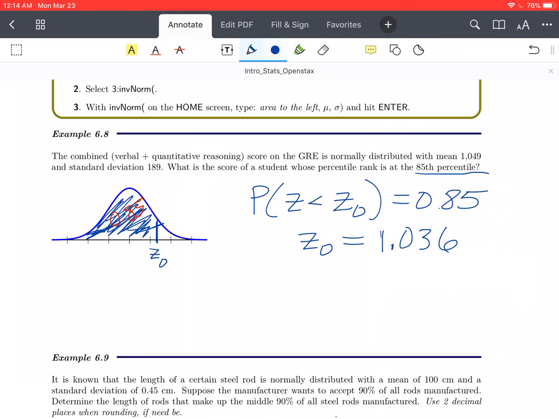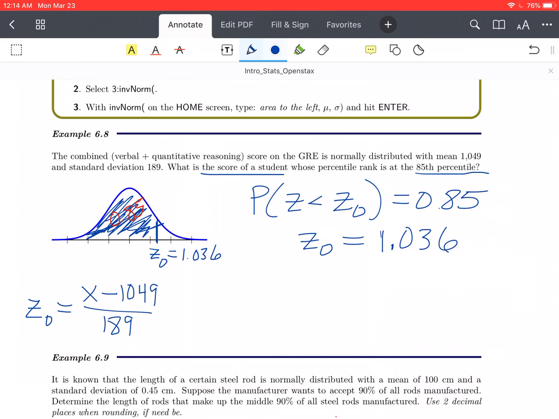So that's our 1.036. Now, this is not the answer yet because we're looking for the score of a student. And 1.036 is the z-score, it's not the test score, or the exam score. So we know to get the z-score, we would take x minus the mean, 1,049, over the standard deviation of 189.